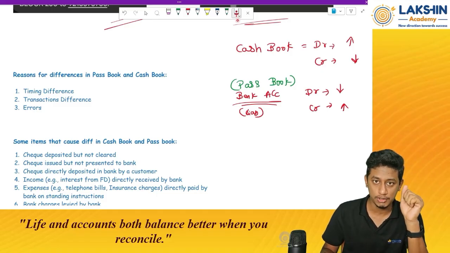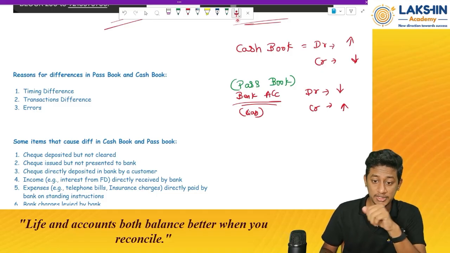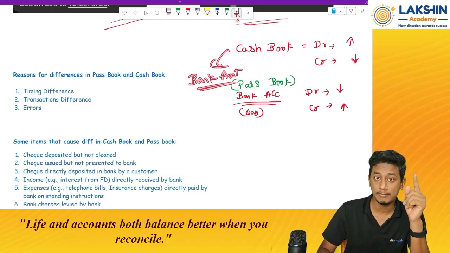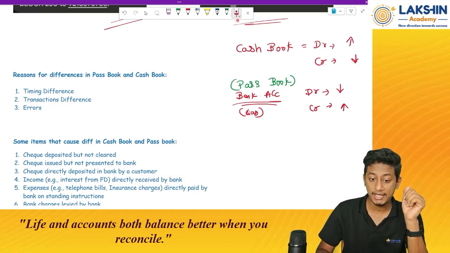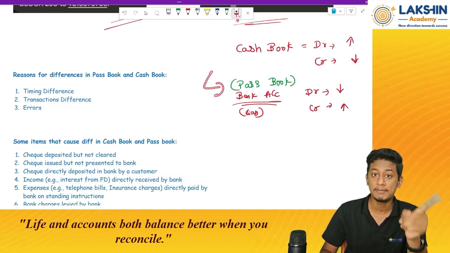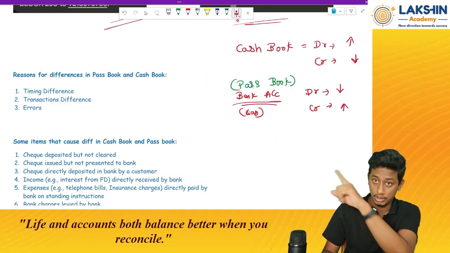Okay, remember this. We have studied the cash book now. In the cash book there are different columns, but there is also a bank amount column. What does this bank amount column signify? It shows what is the balance in my passbook, the bank account.